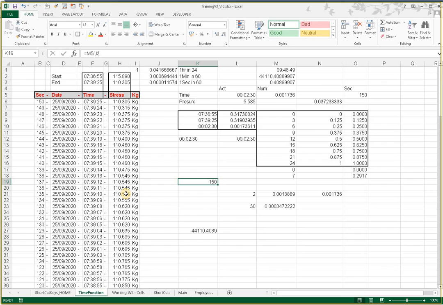Now I know that it gets quite confusing, I would say, in times. But the thing to remember is it is always a part of the day.